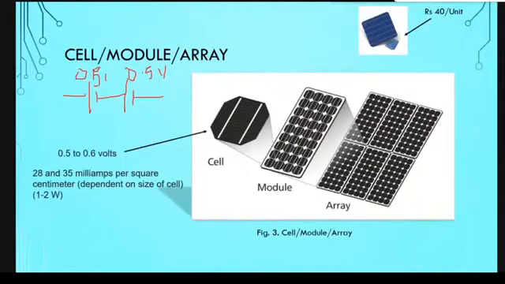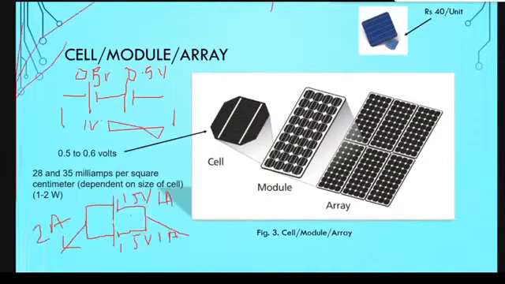So the fundamental concept is, by connecting cells in series you can raise the voltage level, and by connecting cells in parallel you can raise the current level.